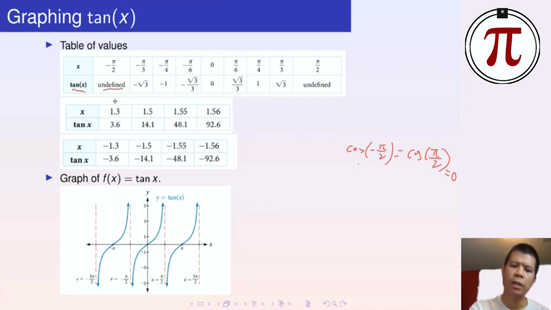Similarly, you can find this value is negative square root of 3, and so on. So this one is undefined, and some other values you can find using a calculator. Then you can just find all those points and connect them, and you will get something like this.